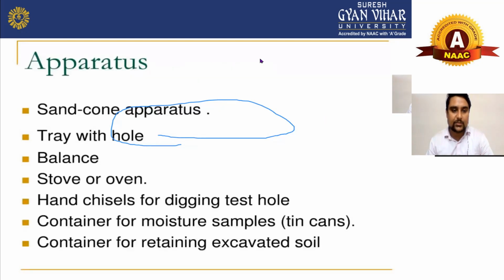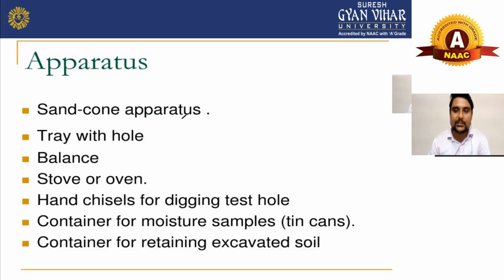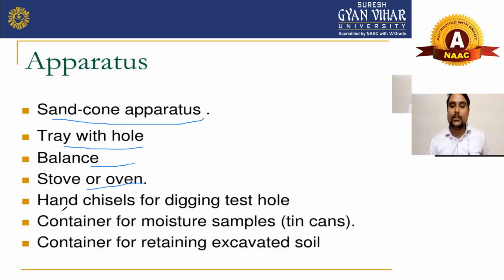Now here is the detailed list of all the equipment and apparatus which we are going to use during the test. First we will see the sand cone apparatus. Here is the sand cone apparatus. Then a tray with holes, balance, stove or oven, and hand chisels for digging test holes.